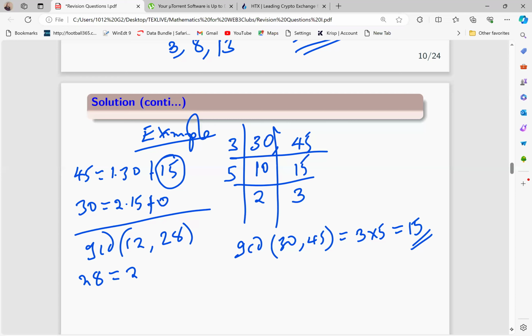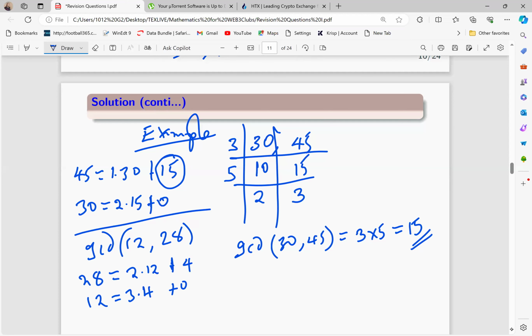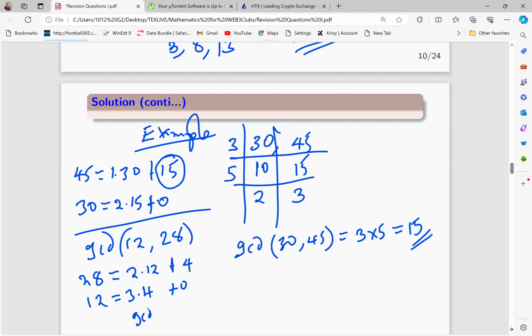The remainder is 4. 4 into 12, 3 times. And the remainder is 0. So the GCD is the remainder before the remainder of 0, the previous remainder. So that means the GCD of these two numbers is 4. Is that okay?